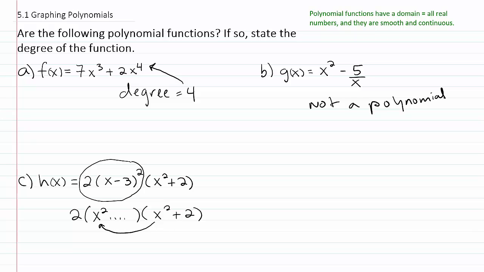But the biggest product in terms of exponents is going to be the first two terms, so x squared times x squared. So I'll end up getting x to the fourth and then a bunch of other terms, right? But no term is going to have a higher exponent than this first one here. So that means the degree here should be 4. And that's it.